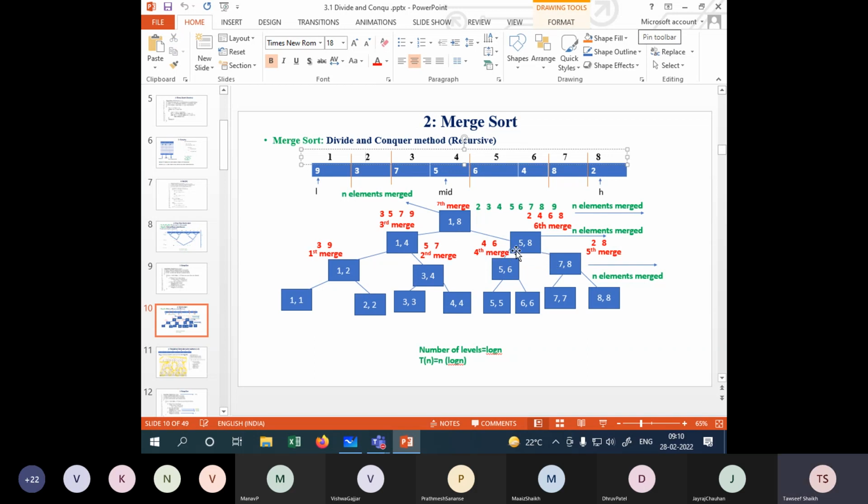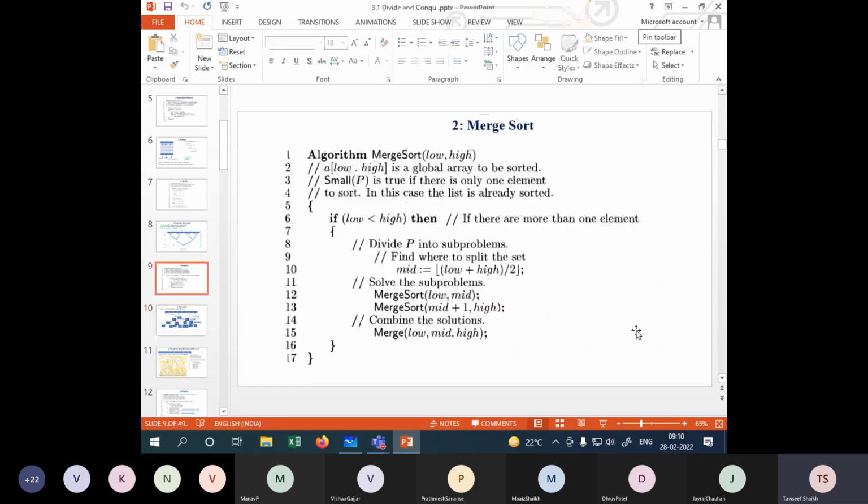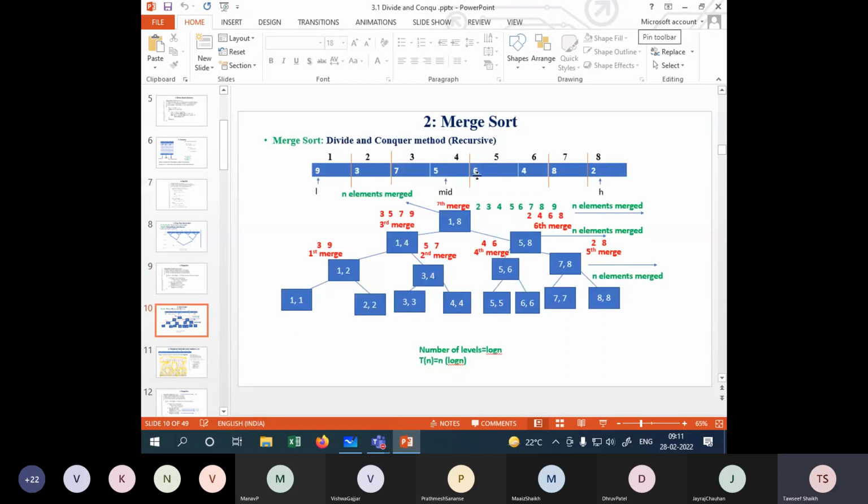Similarly, on the right hand side, when we recursively call this function merge sort, mid plus 1 to high, our mid initially was this 4 when we first operated this merge sort function.